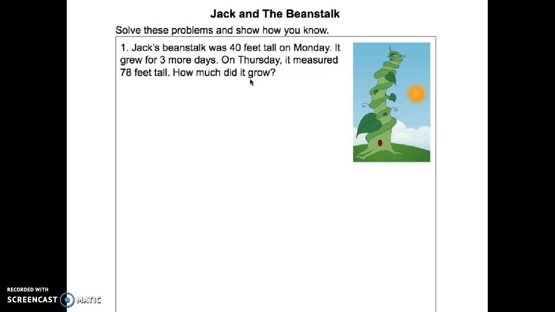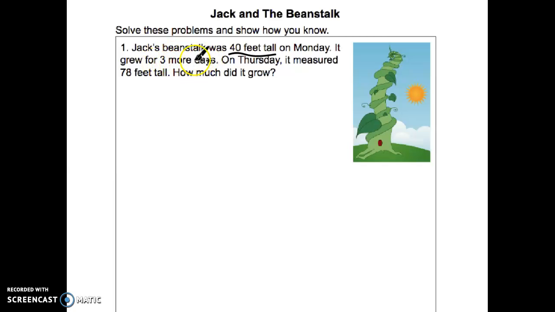We have to do a second read, but this time underline the important information that's going to help us make our tape diagram. Jack's beanstalk was 40 feet tall on Monday. 40 feet tall seems like an important piece of information that we need to underline. It grew for 3 more days.